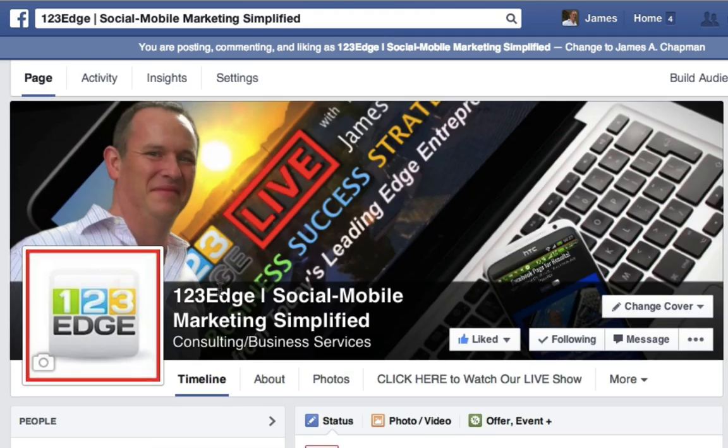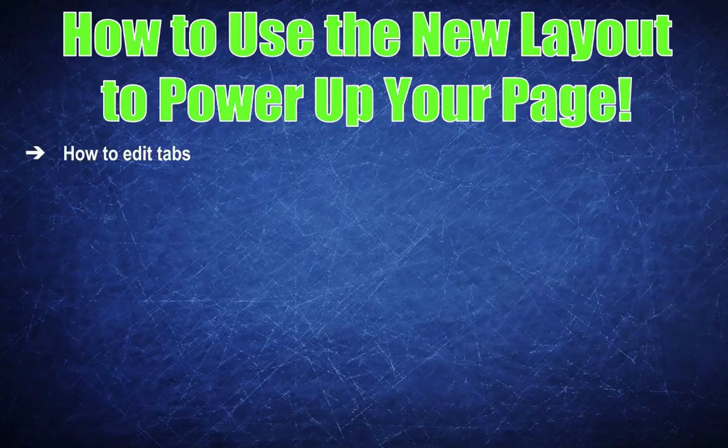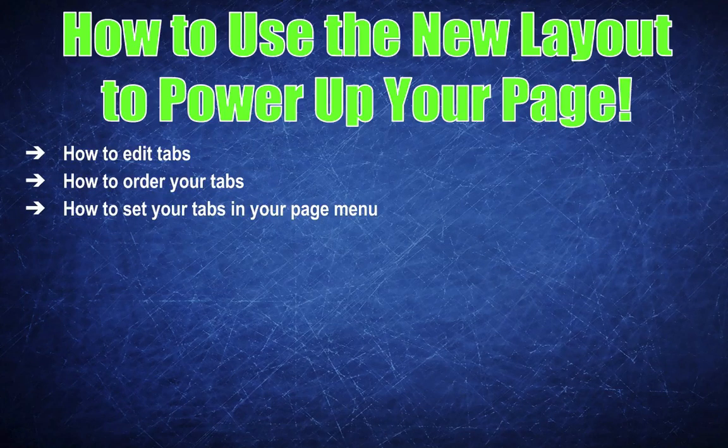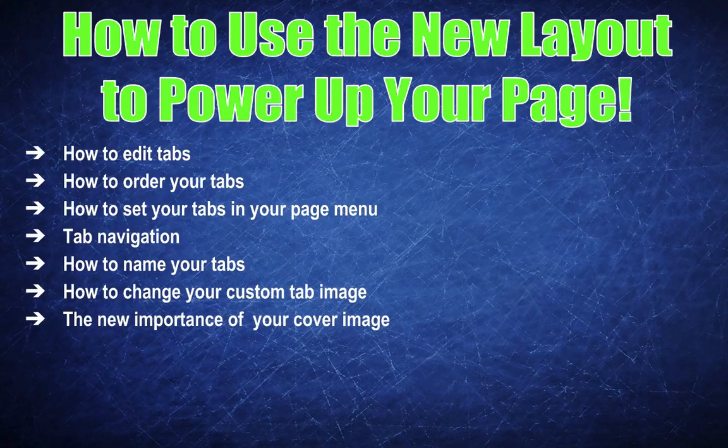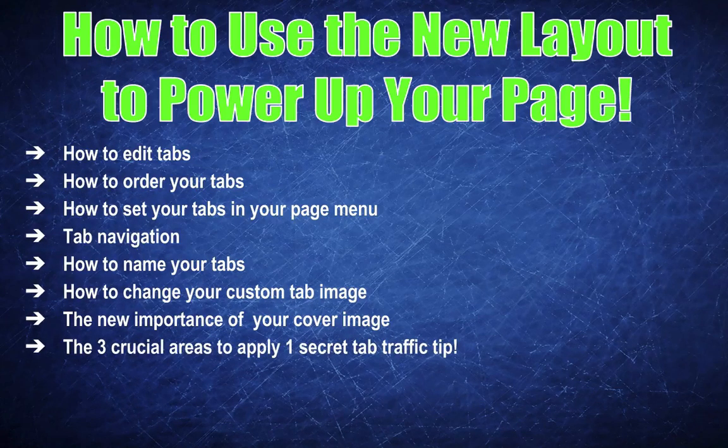All right. So there you have it. We talked about how to edit tabs, how to order your tabs, how to set your tabs in your page menu, a little bit about tab navigation, and how to upload your custom tab image, your cover image. We talked about the 3 crucial areas to apply one secret tab traffic tip, and again, that's including your mobile smart link in your cover description, your profile description, and in your short description so that it's mobile friendly.